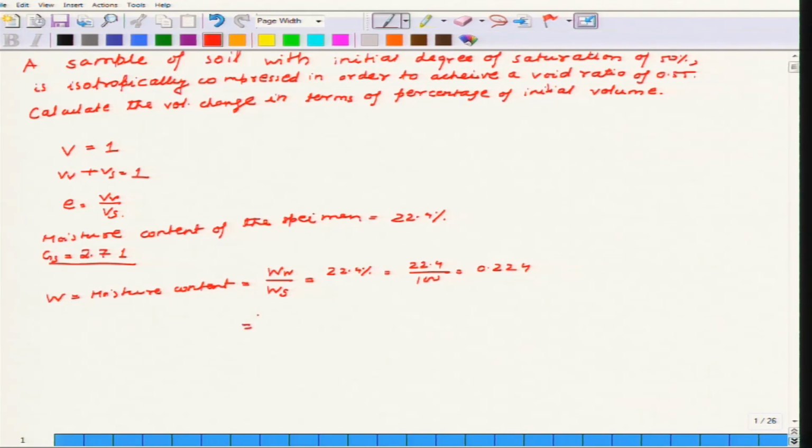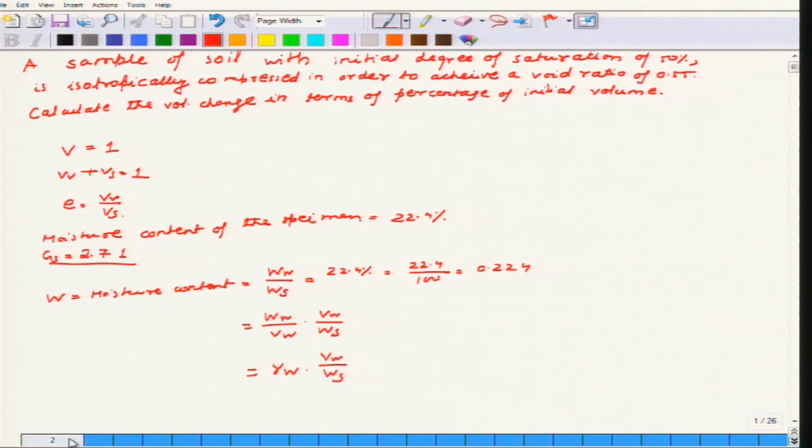So we can write the weight of water by weight of solids also as the weight of water by volume of water multiplied by volume of water by weight of solids. So I multiplied it with the volume of water in the numerator and divided it by the volume of water in the denominator. Now we know also that the weight of water by volume of water is nothing but actually equivalent to gamma W, that is the unit weight of water, and Vw by Ws.